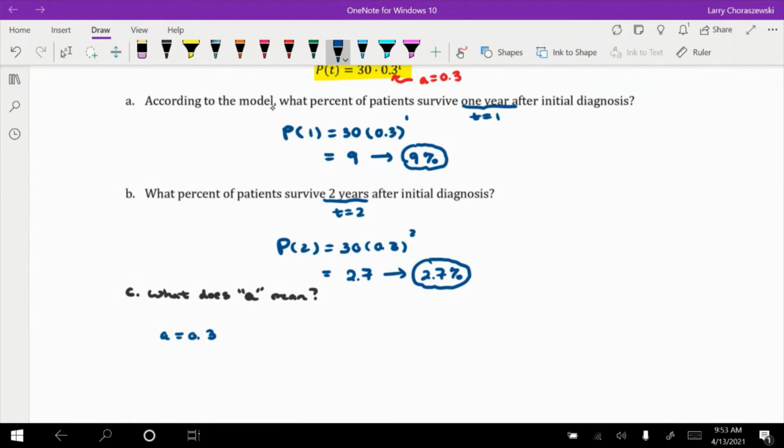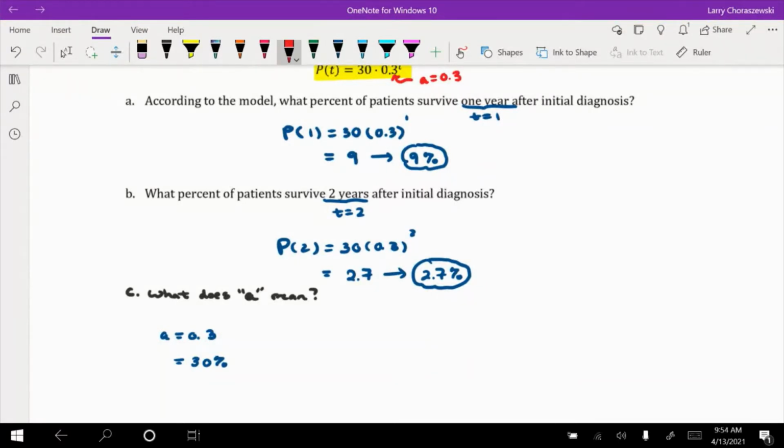The base here of 0.3 isn't a specific percent, although we could convert it to a percent by moving the decimal 2 places to the right, 30%. And basically, as each year goes by, the survival is 30% of the previous year's.